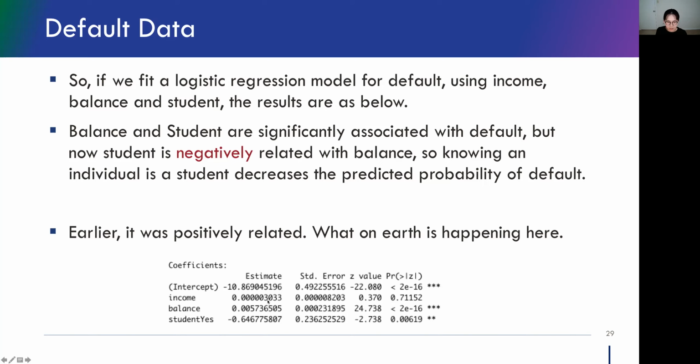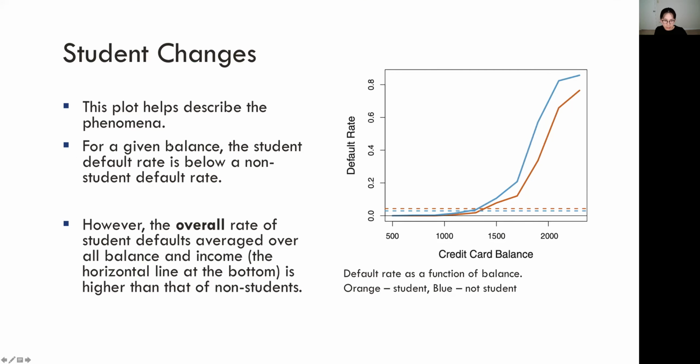Well, you might guess it is a problem of multicollinearity. Basically, those predictors are correlated. I have this plot to describe the phenomenon. For a given balance, for example, let's just focus on a balance of 2000, the student's default rate is below a non-student default rate.